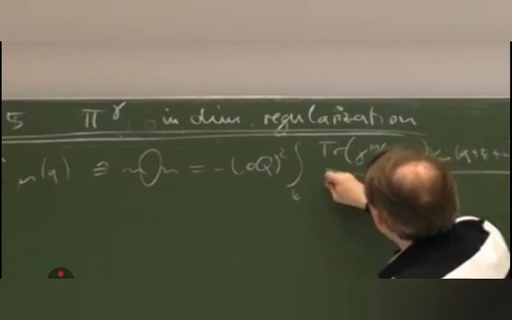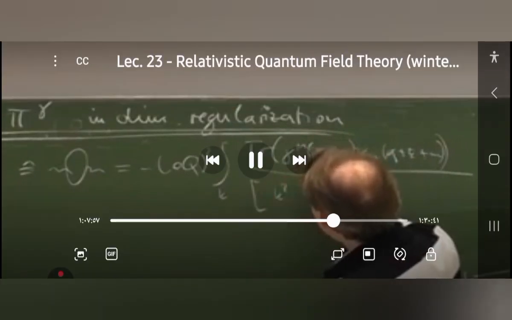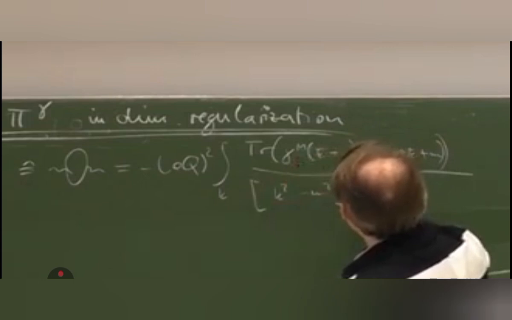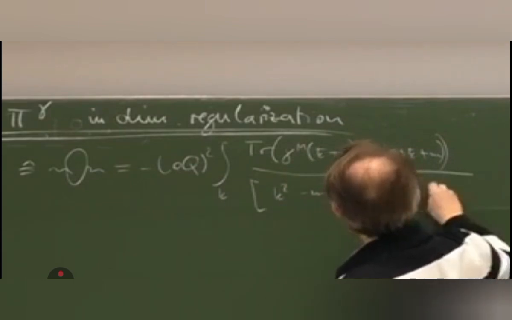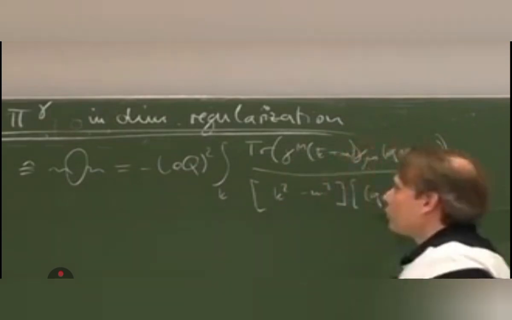And in the denominator we have k squared minus m squared and (q plus k) squared minus m squared.